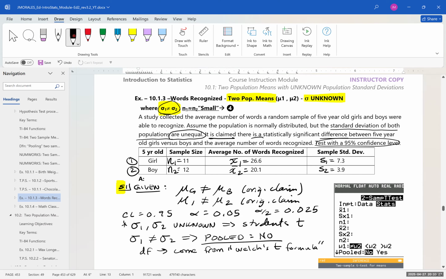And what that means is this degrees of freedom should have decimal places of accuracy. So it won't be just a simple integer. That's what we would expect. All right, so let's move on and let's set up our null and alternate hypothesis.